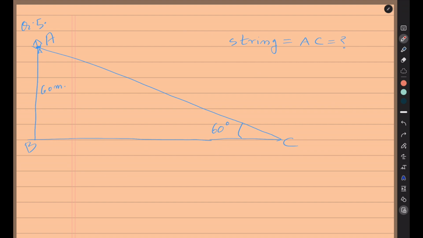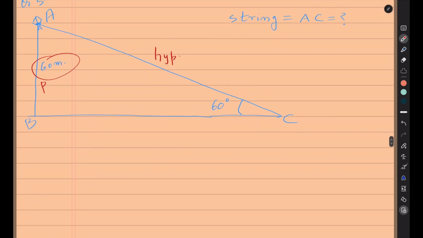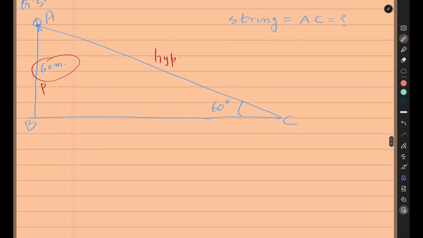Okay, so how to find AC? So here, out of all three things, we know that this is perpendicular and the AC is hypotenuse, and this 60 degree is the base angle.